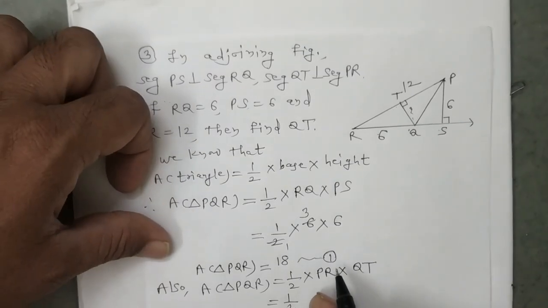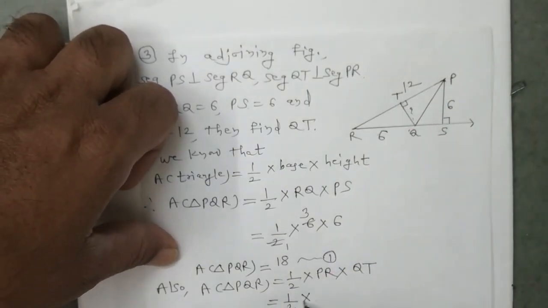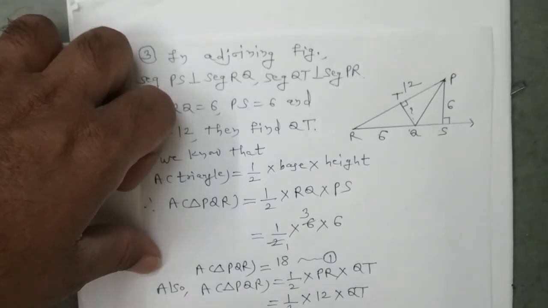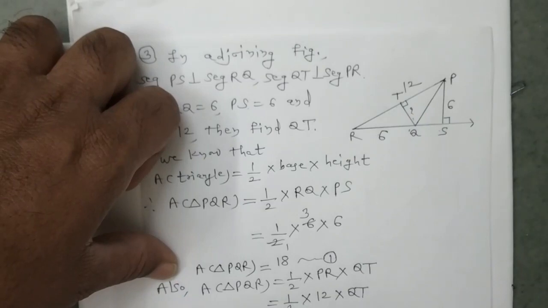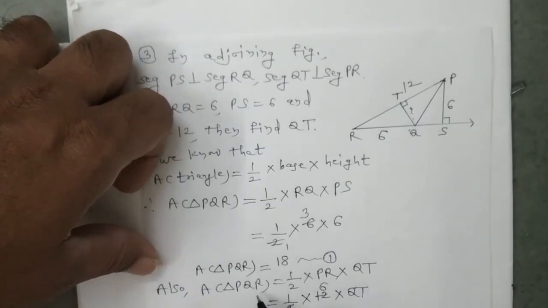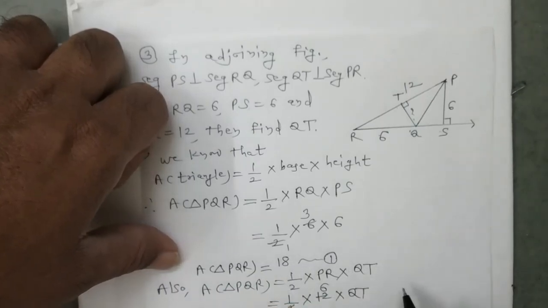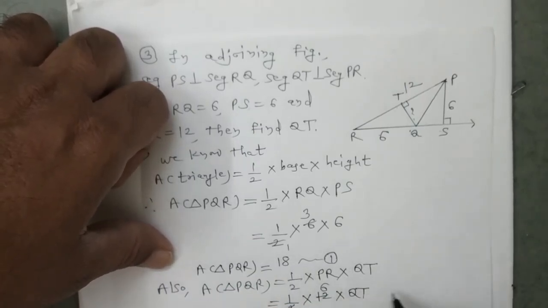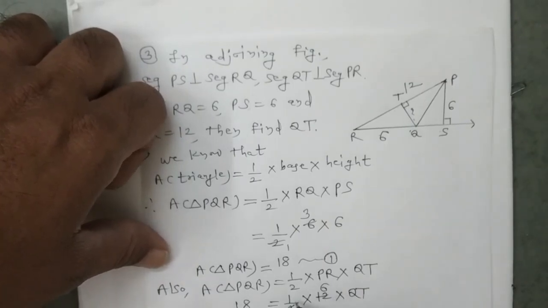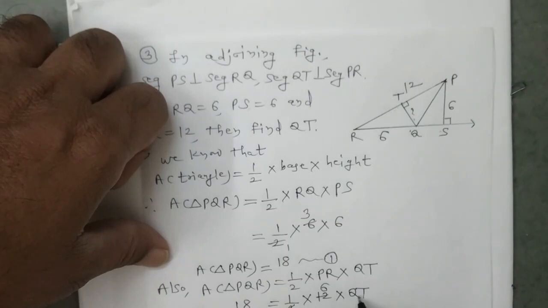Now value of PR is 12 into QT. Therefore dividing by 2, 6. And using 1, from 1 area of triangle PQR is 18. 18 is equal to 1 upon 2 into 12 into QT, dividing by 2, 6.